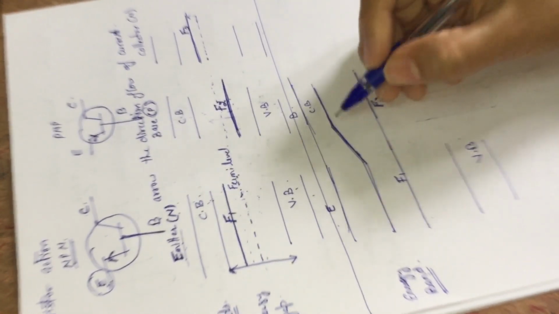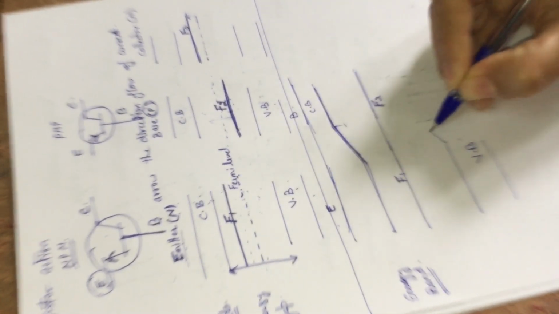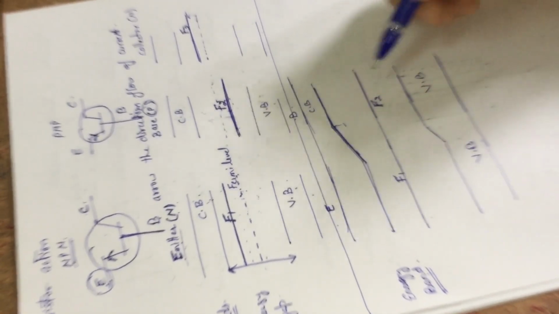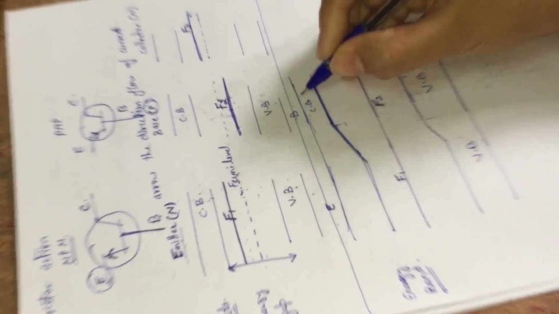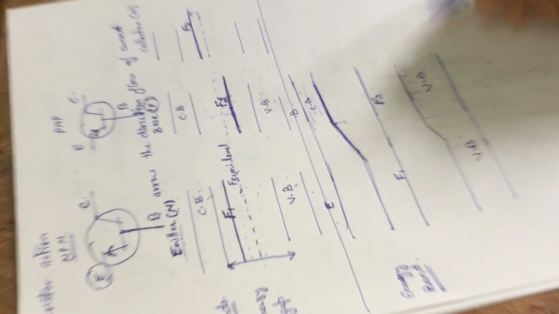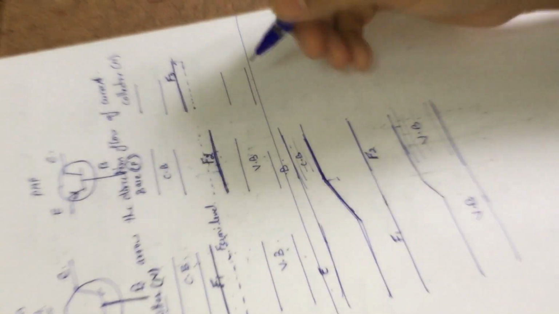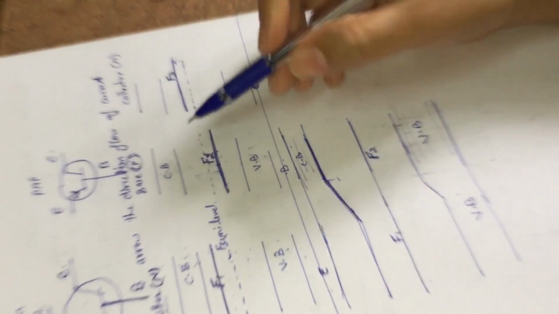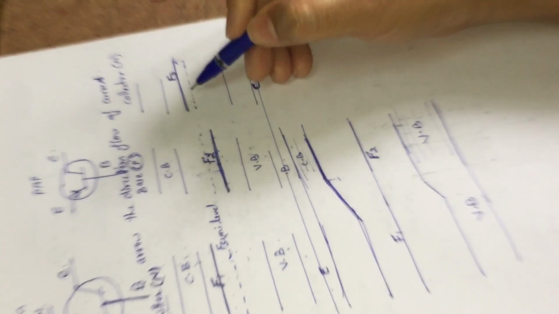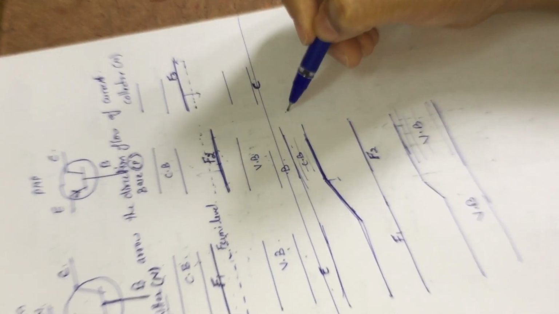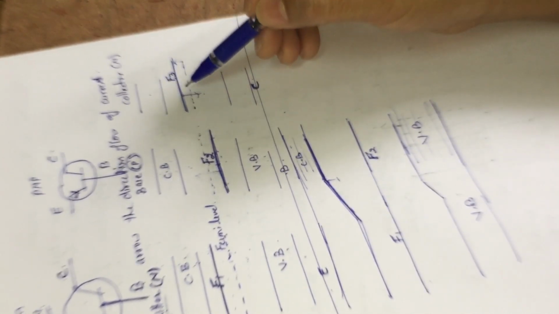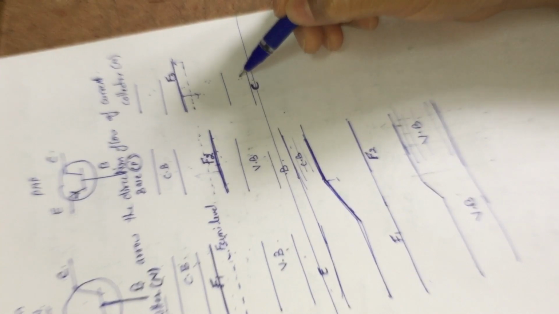Similarly, with the same magnitude, this will be the shift in the valence band of my base region. This is the conduction band of my base region, and this is the valence band of my base region. Now in the same diagram, I will show the collector's band. To align F3 with F2, I have to shift F3 in the downward direction, and the conduction band and valence band of the collector region will also shift downward.